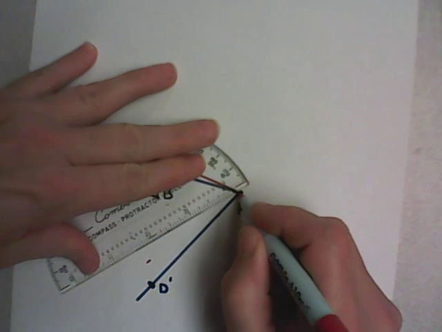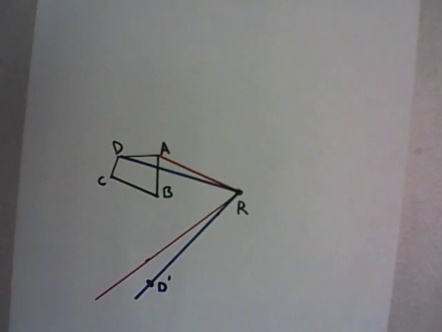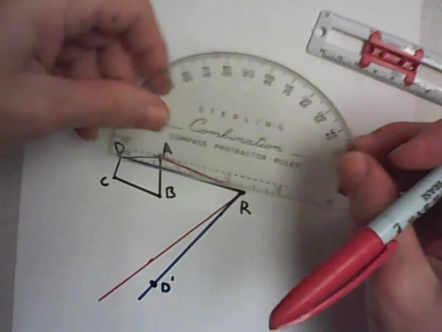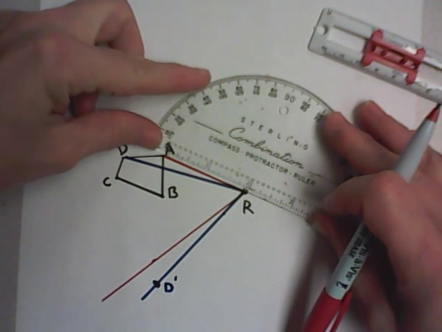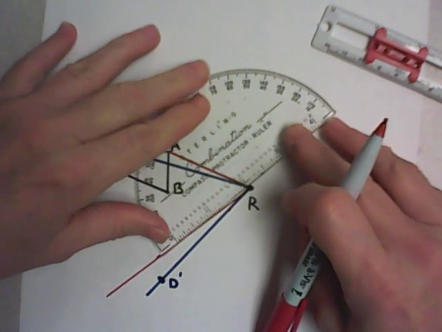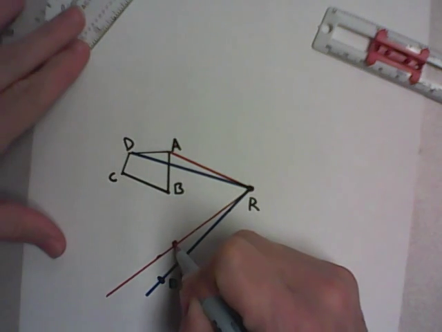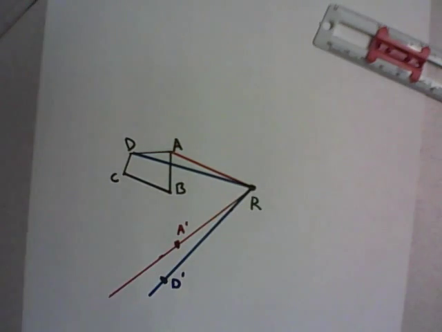I draw my ray coming out, and then I could measure this thing. So that distance is right at 2 inches. So I can come right out here, 2 inches. And there's A prime.